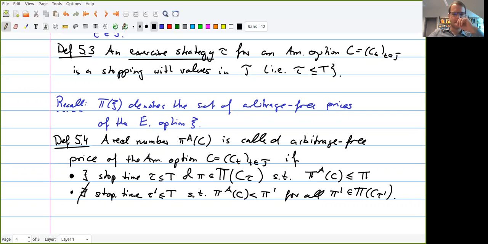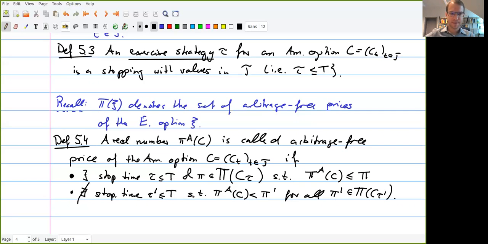So if I sell the option, the buyer is not able to find an exercise strategy which really gives him some positive payoff, in the sense that if he buys the option for this price, then under all martingale measures, the price of this European option is strictly higher than the price of the American one.